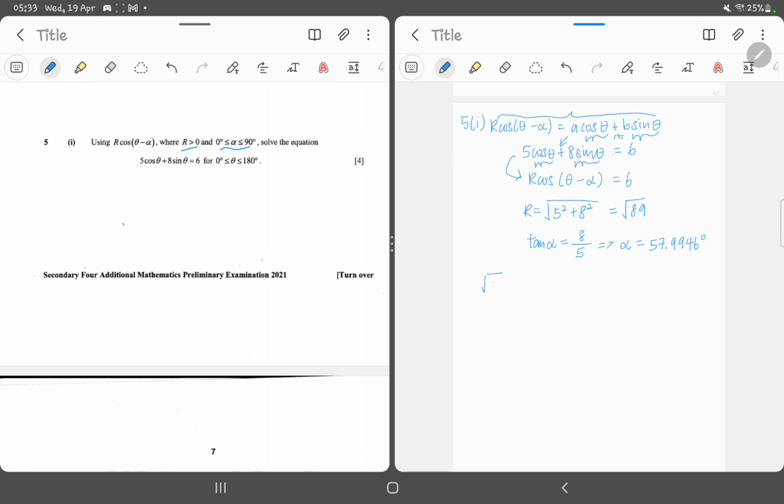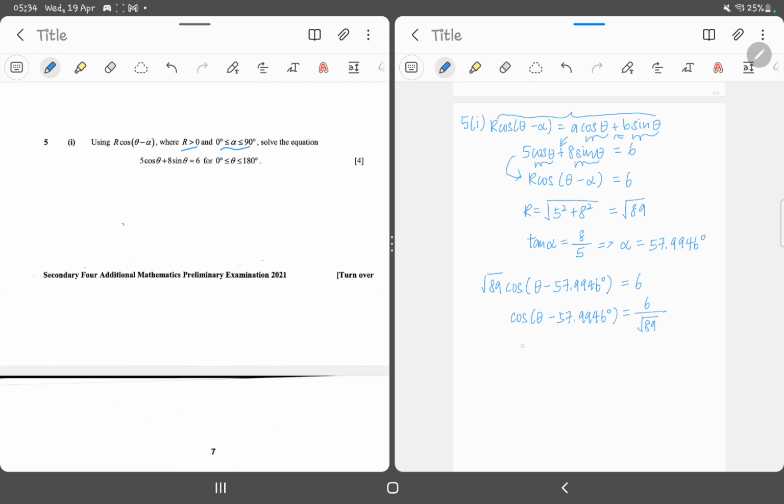So we're going to write it out in full. r is square root 89 cosine theta minus 57.9946 degrees, equals 6, which means that cosine theta minus 57.9946 degrees equals 6 over square root 89.